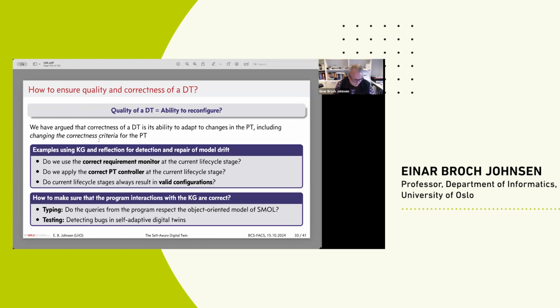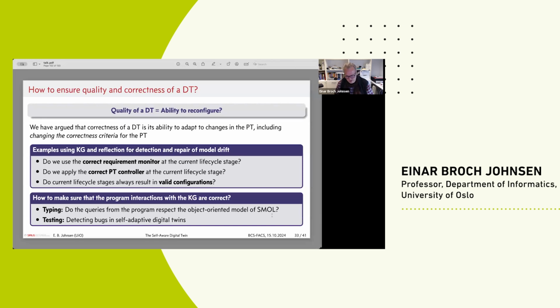In addition, we have correctness for the SMOL language, so for the semantic reflection itself. And here we can talk about, for example, typing properties. So do queries from a program respect the object-oriented model of SMOL, which means are we guaranteed that we get answers from a query to the knowledge graph that we are able to interpret in the runtime state?